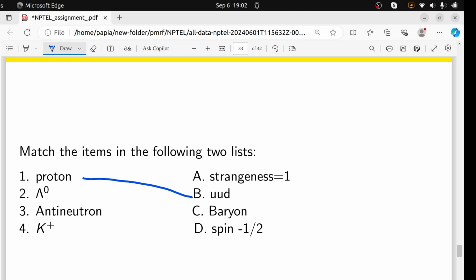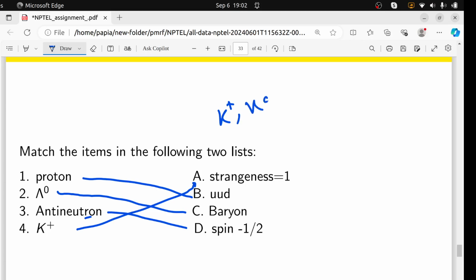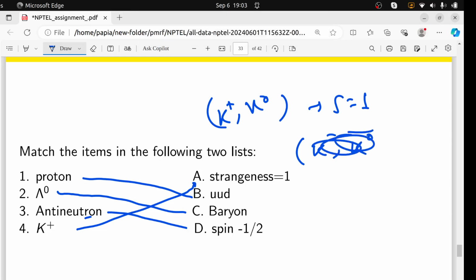Now, lambda 0 is a baryon. And antineutron? Spin minus 1 by 2. K plus? Obviously it will simply be strangeness 1, because K plus and K0 we already talked about, strangeness is plus 1. And for K0 bar and K minus, this is minus 1 strangeness.